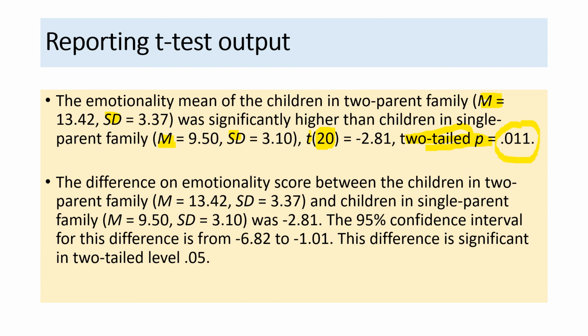Next, the difference on emotionality score between the children in two-parent family and children in single-parent family was negative 2.81. The 95% confidence interval for this difference is from negative 6.82 to negative 1.01. This difference is significant at the two-tailed level 0.05.